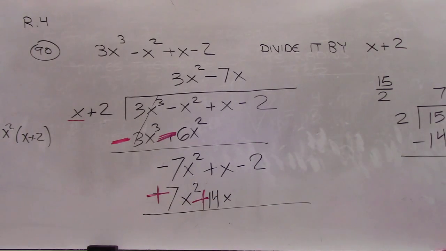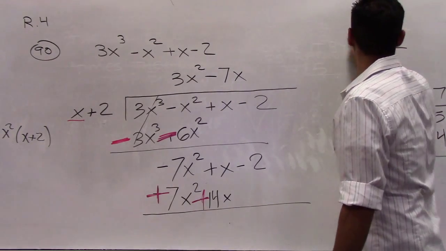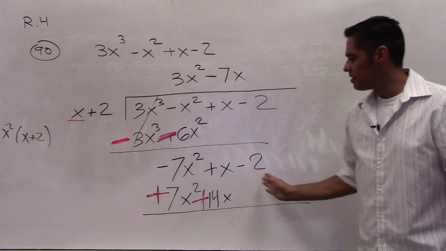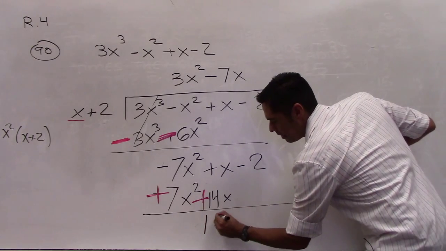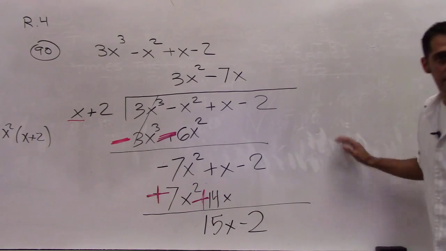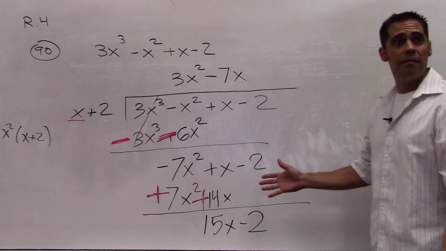I'm out of room. But what is that next line down there? 2x, oh wait, yeah, these are gone. 15x minus 2. I guess I'll put it down here. 15x, I know you can't see that, and I can't even write like that. 15x minus 2. And then we go again, don't we?